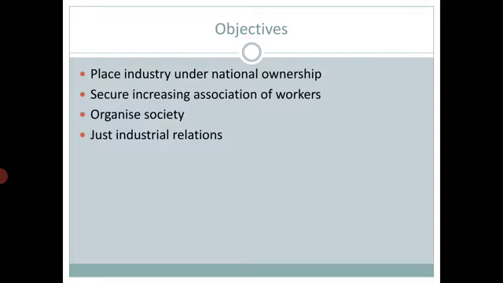Then to secure redressal of grievances without stoppage of work by means of negotiation, conciliation, and failing this, arbitration and adjudication. Okay, means what?